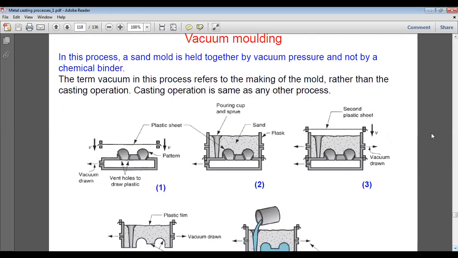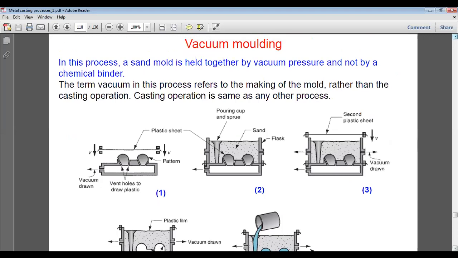So now we have got the application, the process, advantages and disadvantages. We'll come to the second special casting process, that is vacuum molding. In vacuum molding, the mold is made by the application of vacuum. In this process a sand mold is held together by vacuum pressure and not by chemical binder.